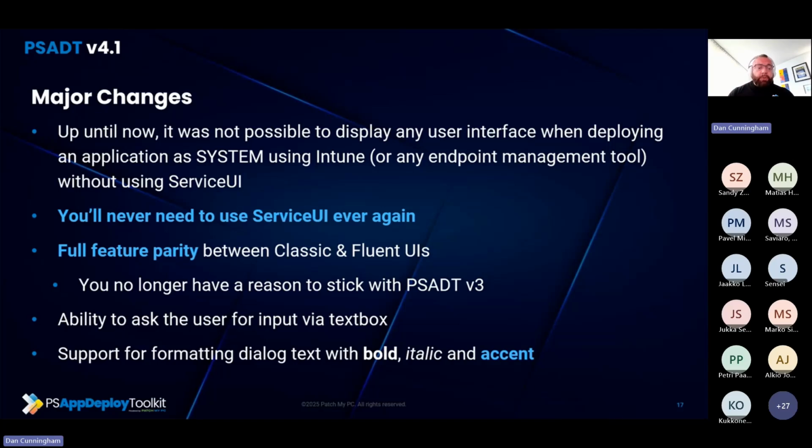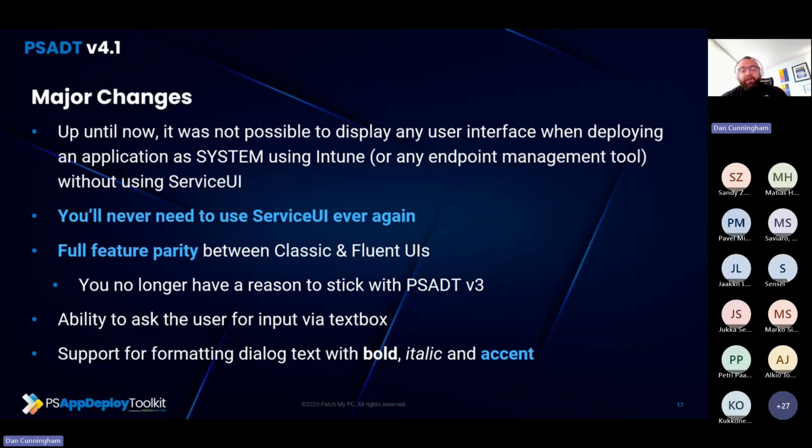We can prompt people for input via text box, and that's something that's new, and it's only made possible by the new architecture, because we never want to pop an input box in ServiceUI and instantiate a dialog, because that would be prone to something like a SQL injection. I consider it very, very insecure to try something like that.